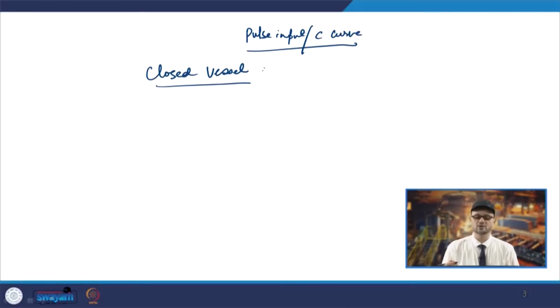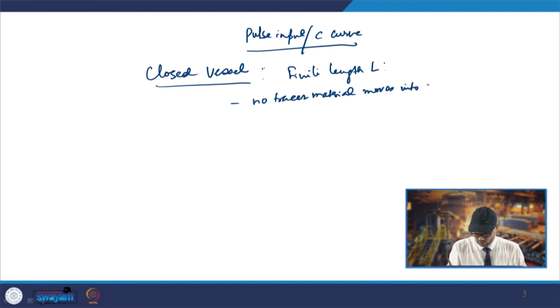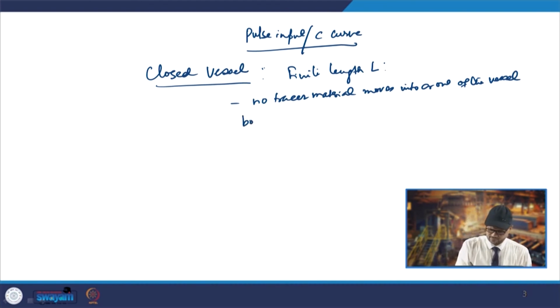By definition, a closed vessel has a finite length L, and no tracer material moves into or out of the vessel boundaries by dispersion.